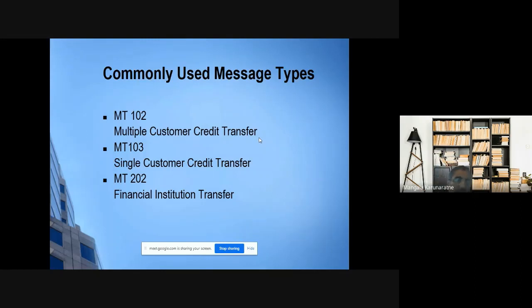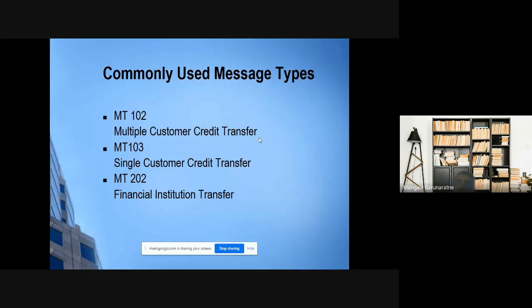Now 103 is a single customer credit transfer. That is what we commonly use, 103s, because of customer transactions. Customers will say we want to send these transactions to a particular institution, but sometimes the customer will not provide funds on time, and sometimes there will be a delay in sending details.